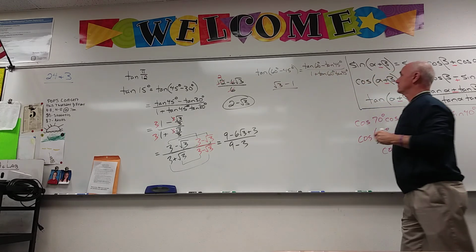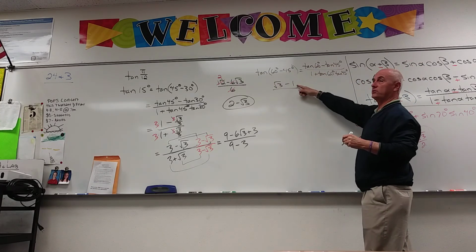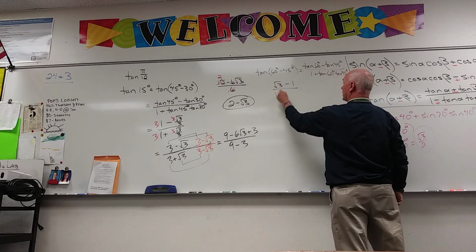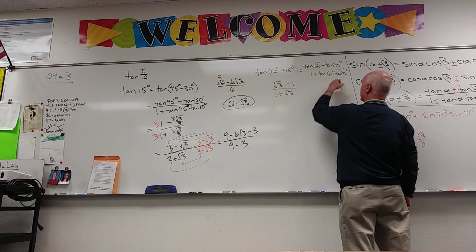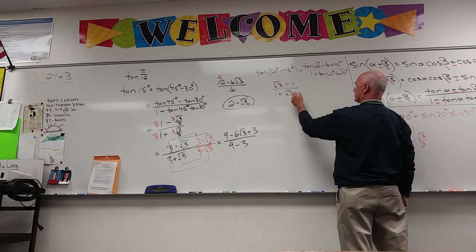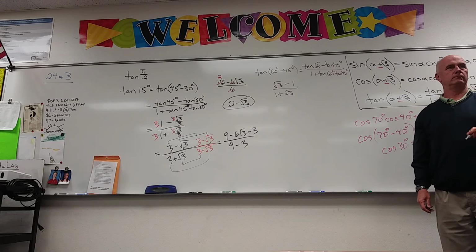Fair? Tangent of 60 degrees is square root of 3, tangent of 45 degrees is 1. Over 1 plus square root of 3 times 1. Don't need the times 1, right? So we got that. What do we not have? Don't have a complex fraction.